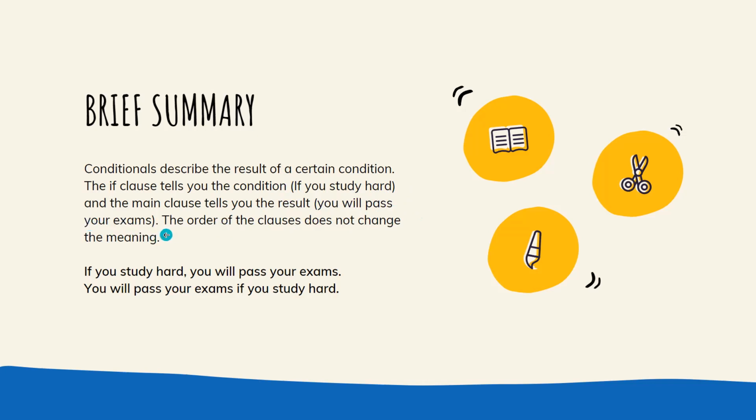So it's a brief summary of conditionals. In any conditional, we have two parts, two clauses: condition clause and result clause. We change something in the condition clause and we see the result either in imaginary or, let's say, in real situations. Anyway, we have two parts of the sentence.